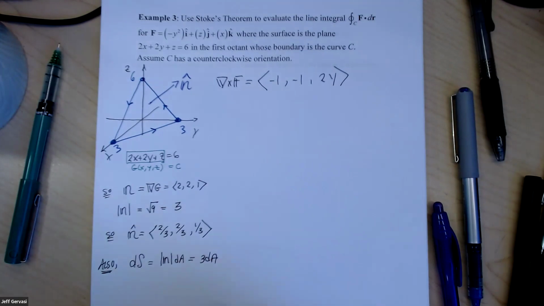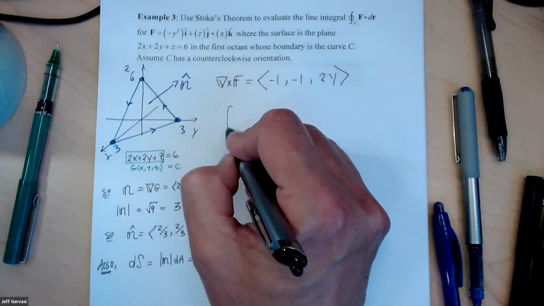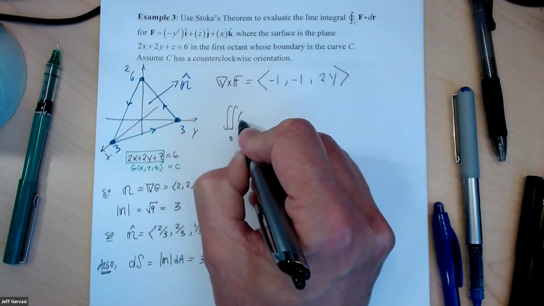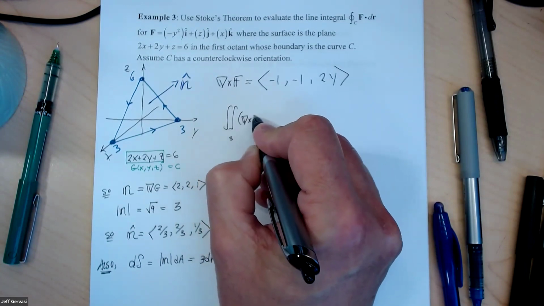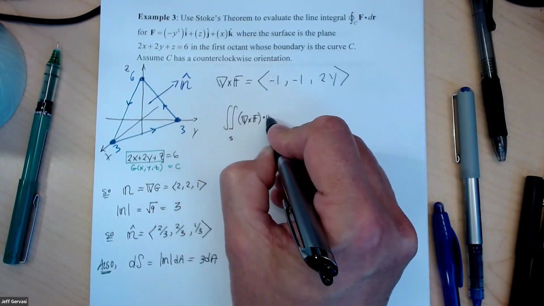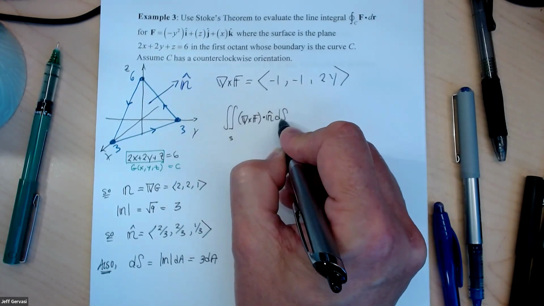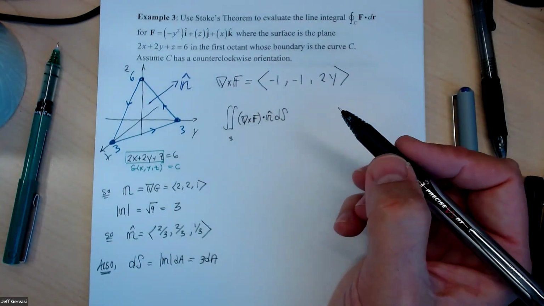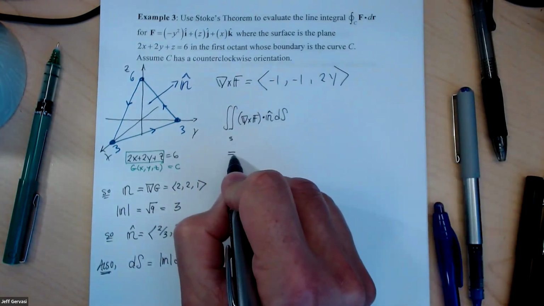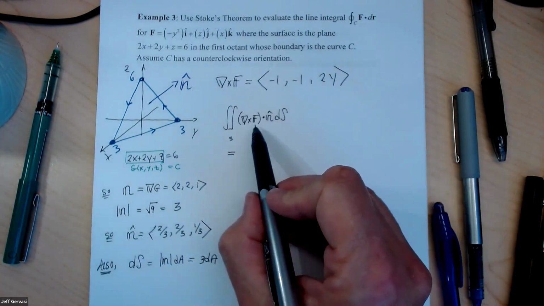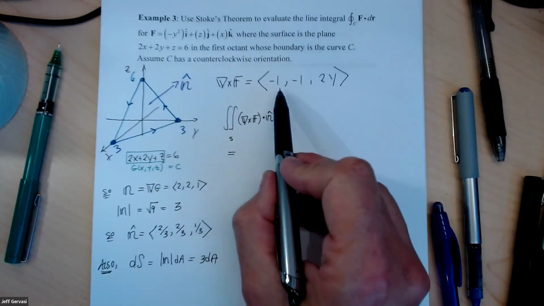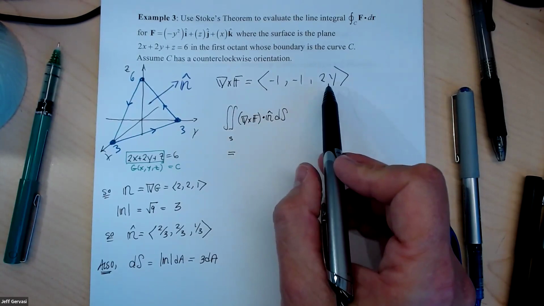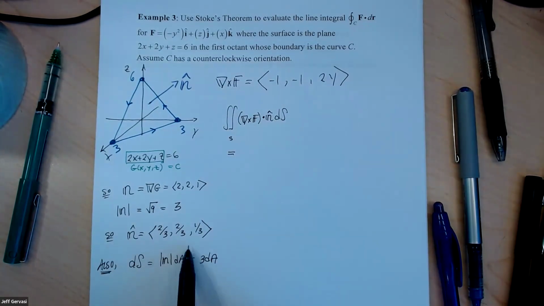All right. Now, when we put all that together, our surface integral, the right-hand side of Stokes' theorem, okay, we need to dot those 2 vectors together, right? So here's my curl vector. Here's my unit normal vector right here.